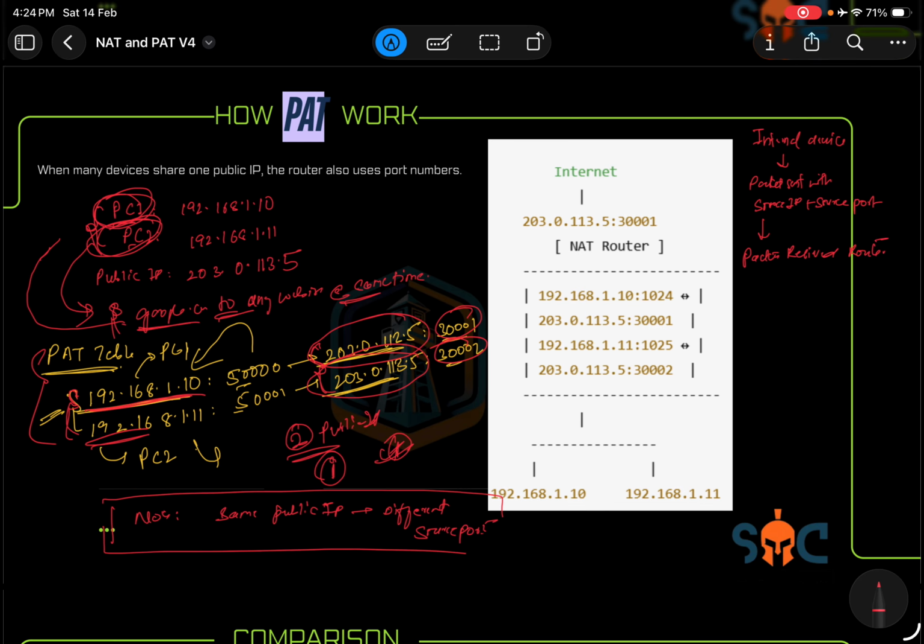The packet is received by the router. It will create a PAT table, like the NAT table which we saw in our previous slide.